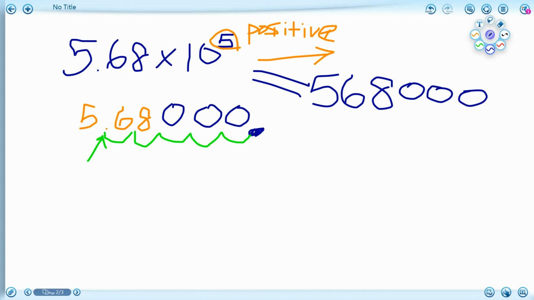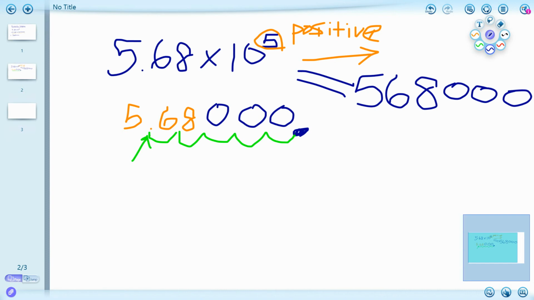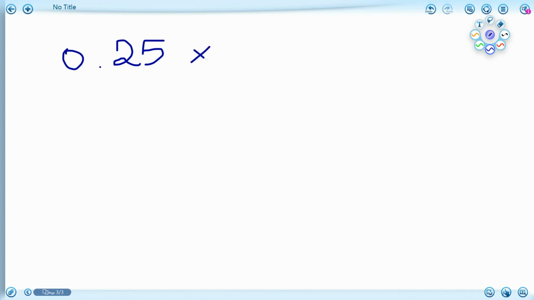Now let's look at the next one. What if it was 0.25 times 10 to the negative 3? Same thing. We have 0.25, so my point is right here.